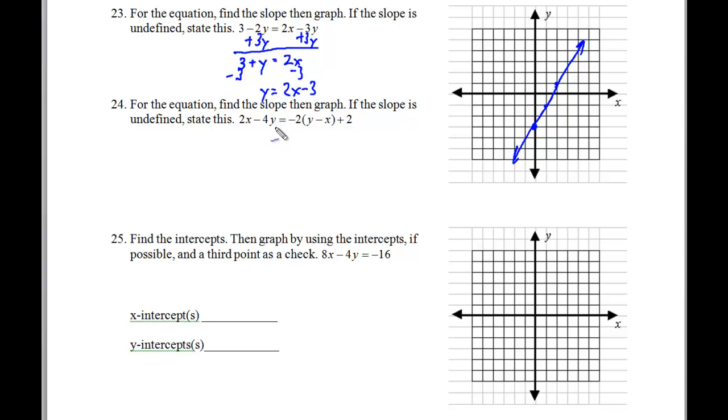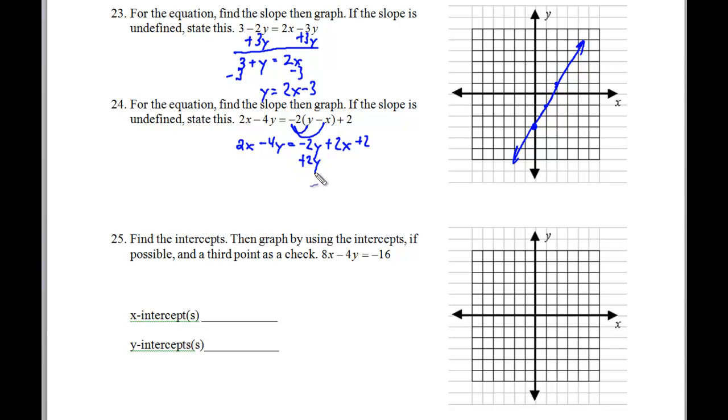Okay, now we've got a more difficult equation, and let's see how this turns out. First thing I need to do before I move my y's to the left-hand side, to get my y's all by themselves, is distribute that negative 2. So I've got negative 2y plus 2x, and it's plus because negative times negative is positive, plus 2. And then I'm going to move the y's to the left here.